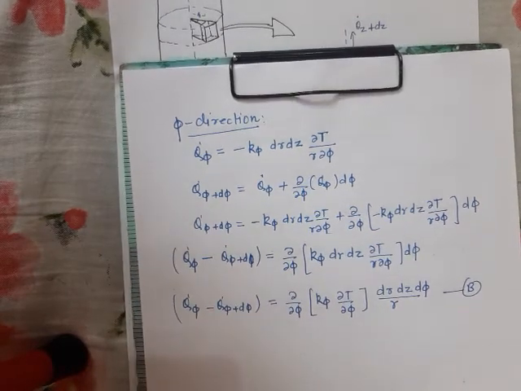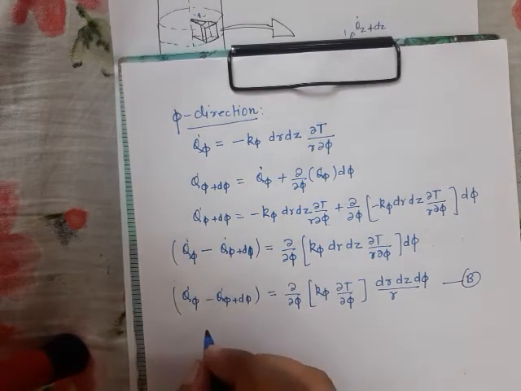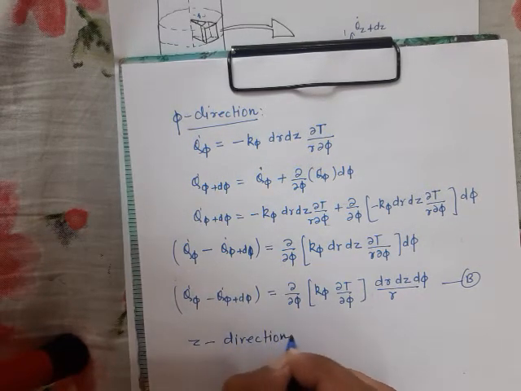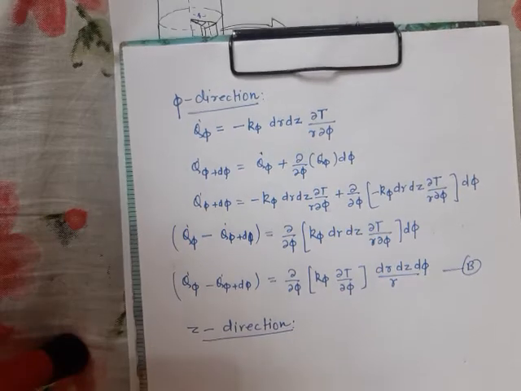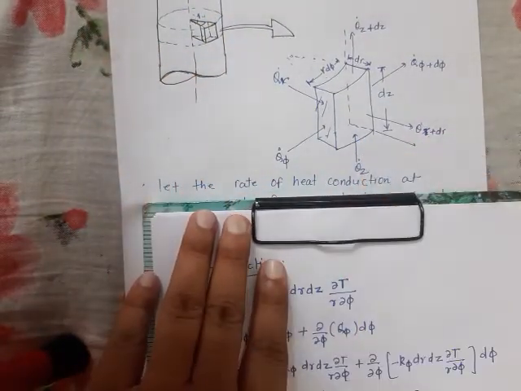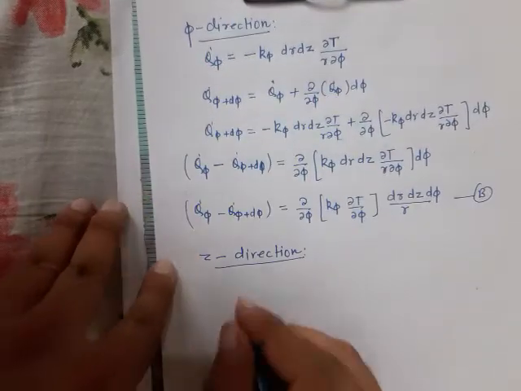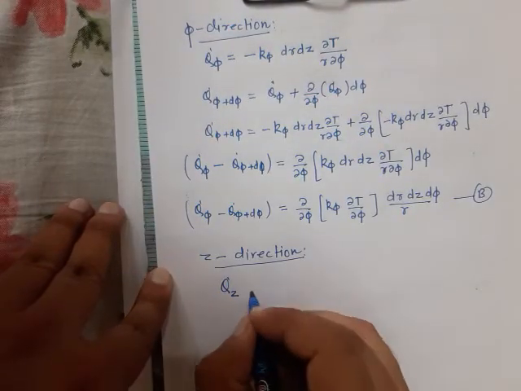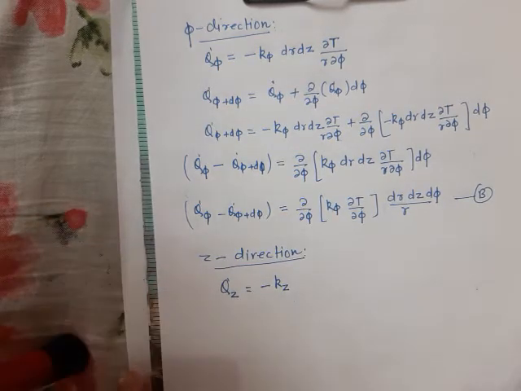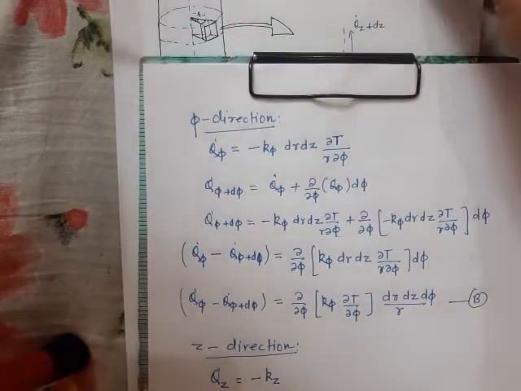Simply, now let us consider the z direction. Heat transfer along linear or axial direction. In z direction, q_z can be written as q_z is equal to minus k_z, area perpendicular to z direction. What is the area perpendicular to z direction?